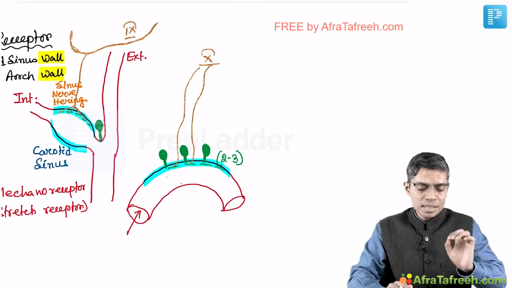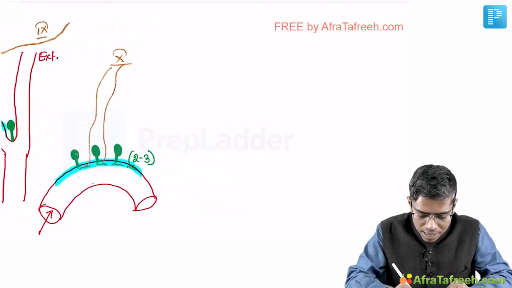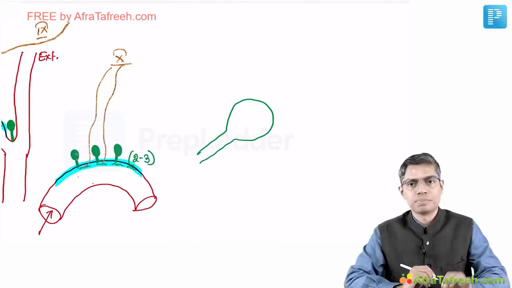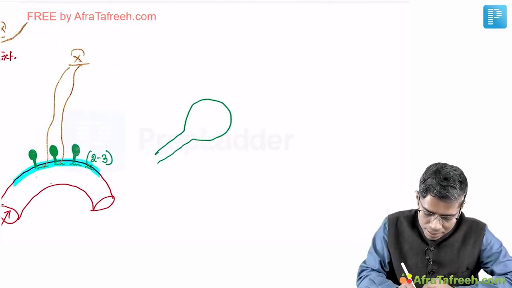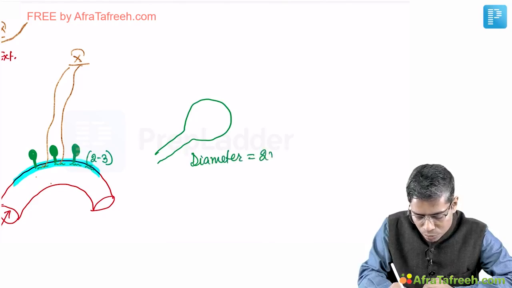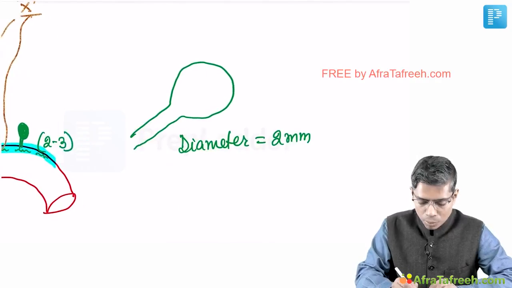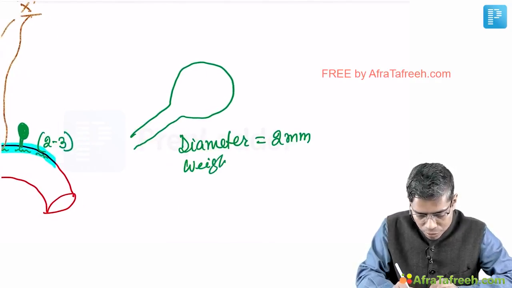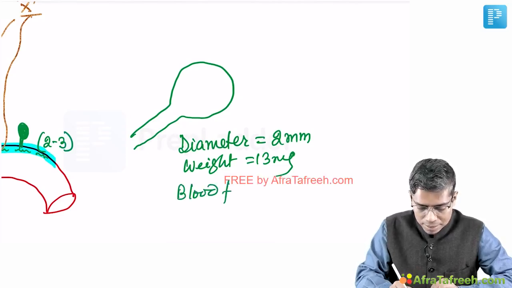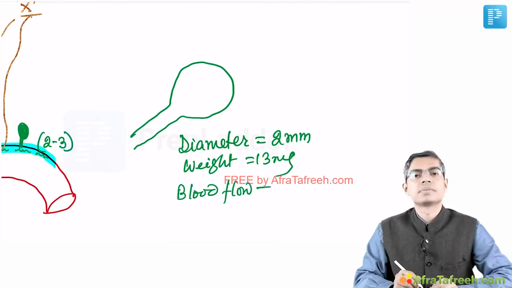Now, if I look at this carotid or aortic body, it is a very small tissue. It is said that the diameter of this small tissue is only 2 millimeter, and the weight is 13 milligram. But if you look at the blood flow, it is very, very enormous.